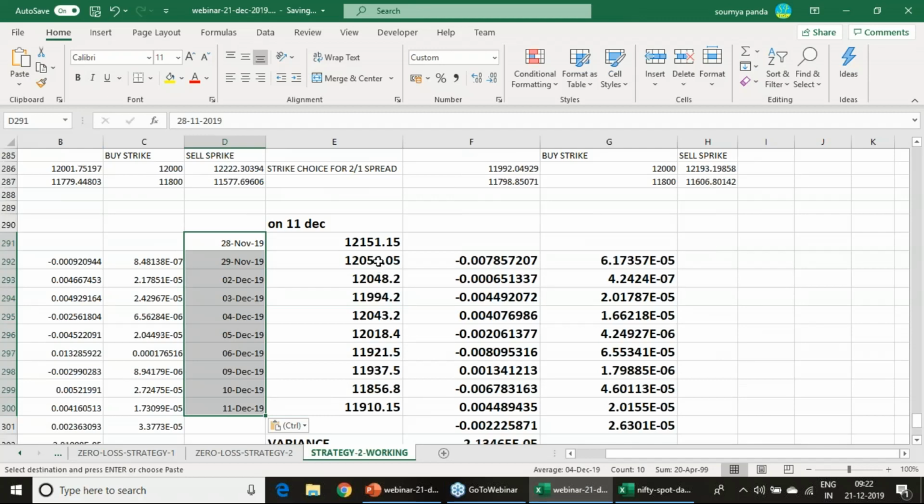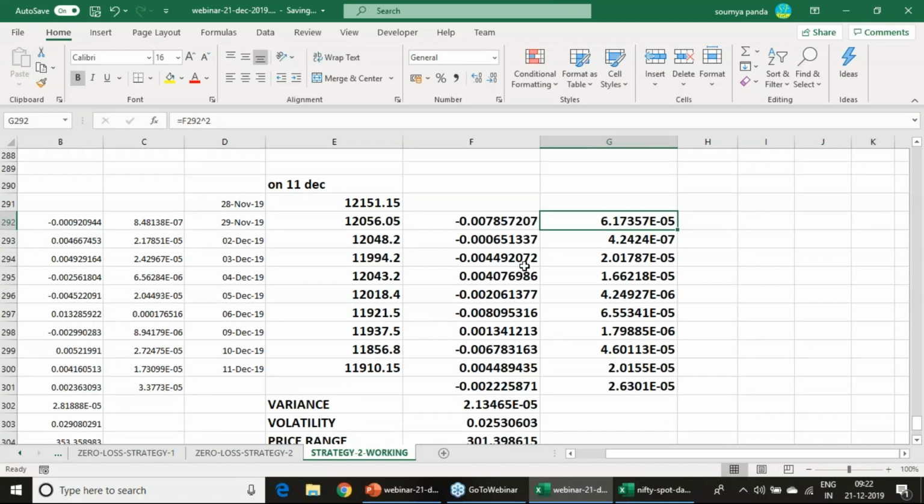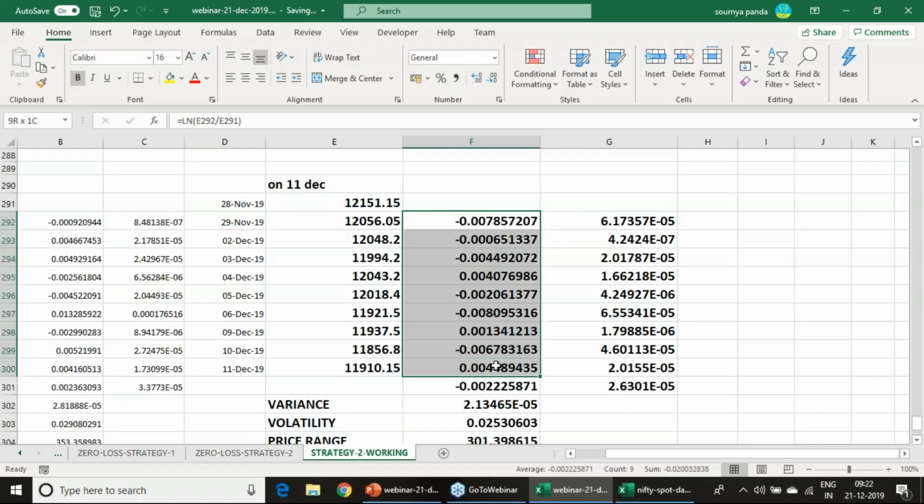I am dividing the 29th November closing by the 28th November closing and taking the logarithmic value. Whatever value I got, I squared it. In this way for all the remaining days, since there are 10 days, I will get 9 records. For all 9 days I have taken the logarithm and squared it.